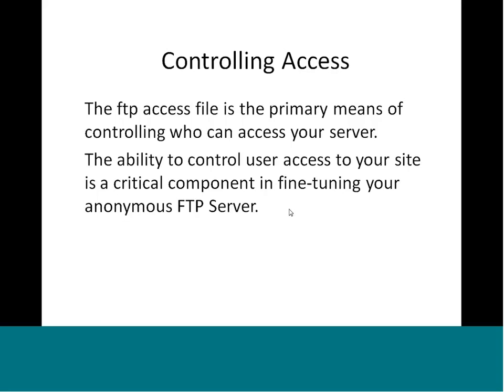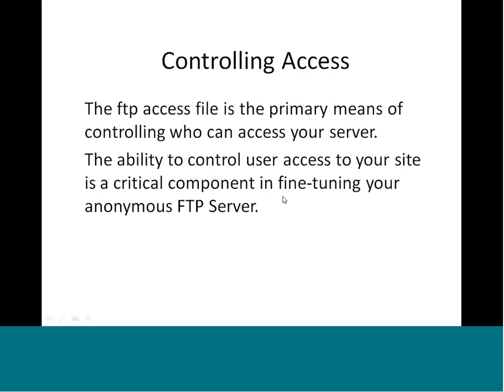So the FTP access file is the primary means of controlling who can access the server. This we saw already. The ability to control the user access is a critical component in fine tuning the anonymous FTP server.